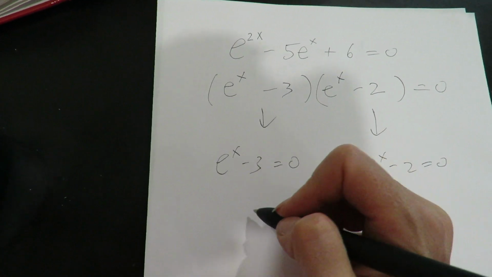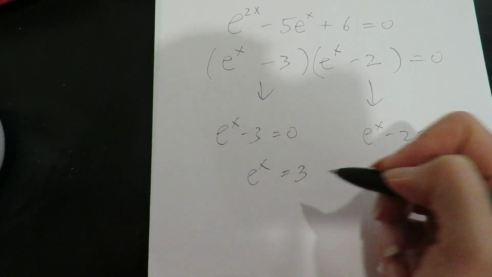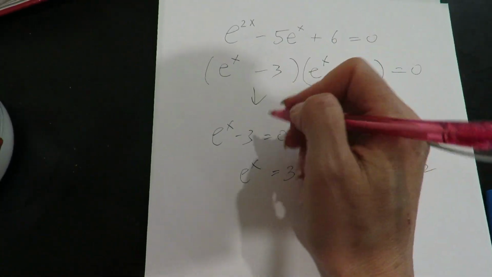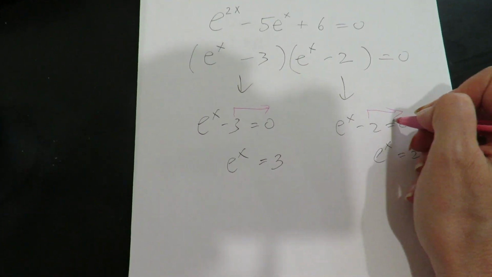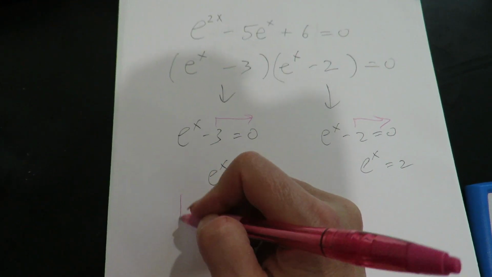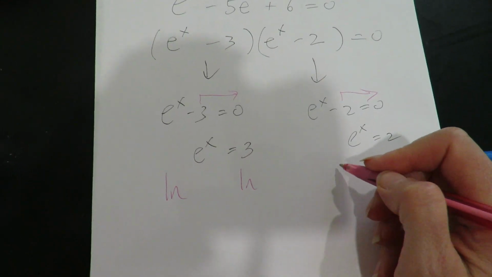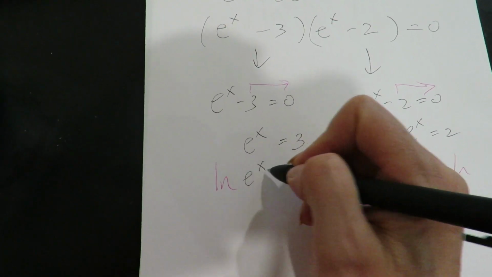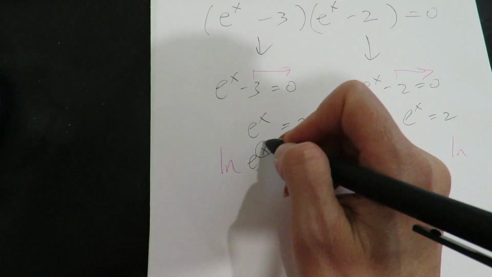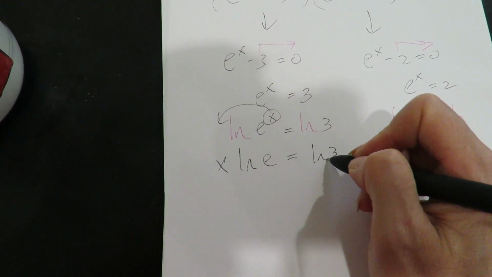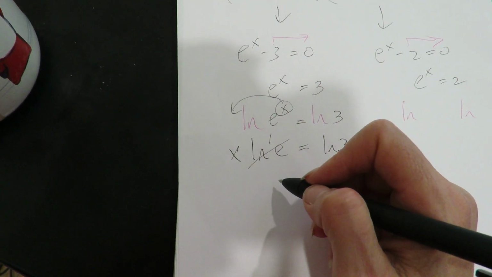You're going to isolate the e to the x. So you're going to move the constant to the other side. Okay, so all I did there is I moved the constant over. Alright, now you're ready for the ln step. So now you're going to take the ln of both sides, because that's what allows you to bring the x down. ln of e is 1.